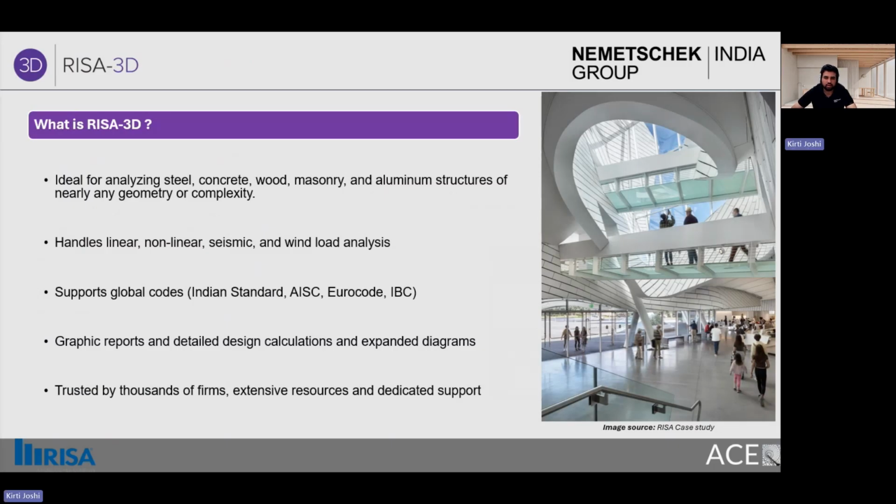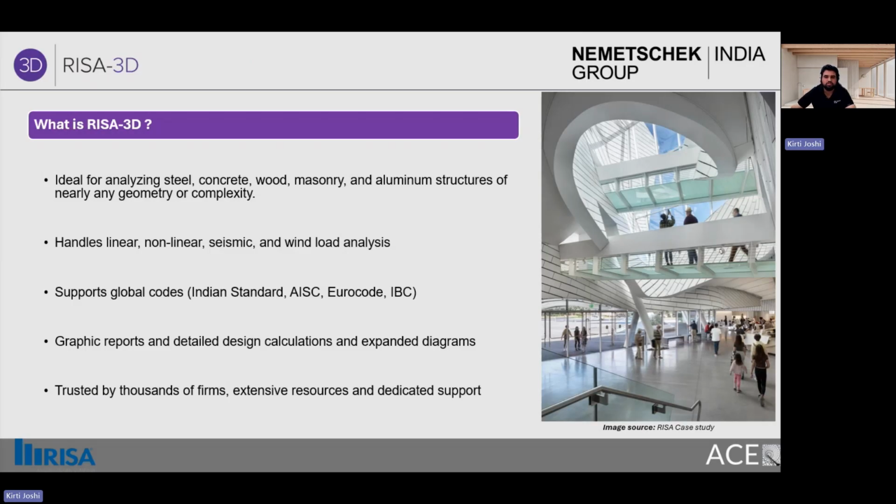So we will discuss RISA 3D. For anyone who is new, RISA 3D is a structural analysis and design software, again from the Nemetschek group. It is mostly used in the US and is increasing its use in India as well.